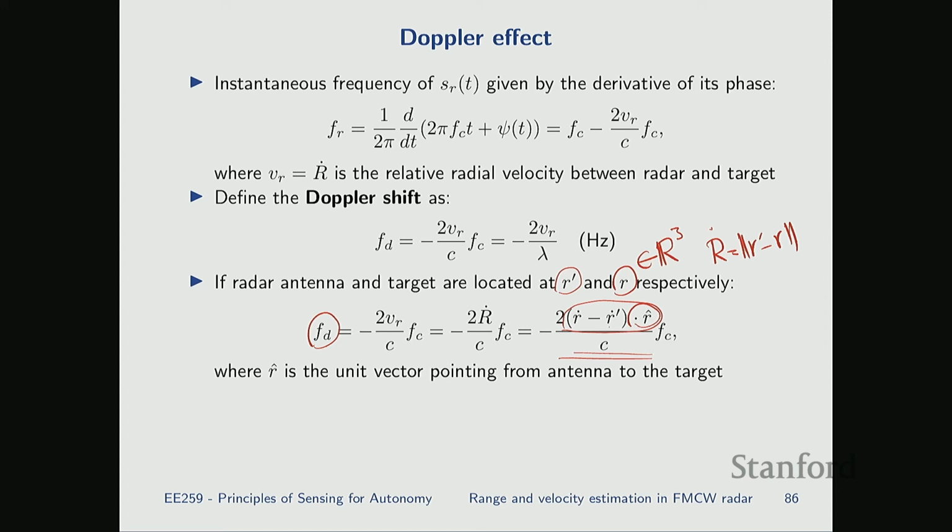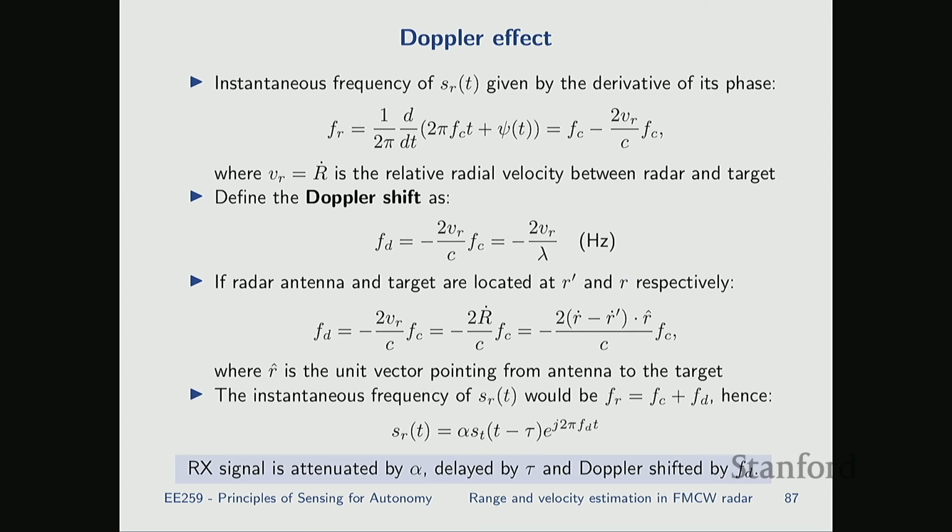And that's your Doppler shift. So just to summarize, what we showed is that when there is radial movement between the radar system and the target, there are basically three things happening in what you receive. There is an attenuation, not new, we had this before, right?